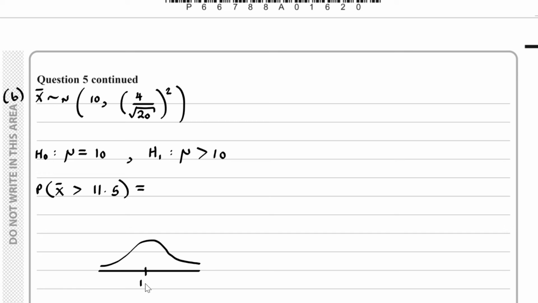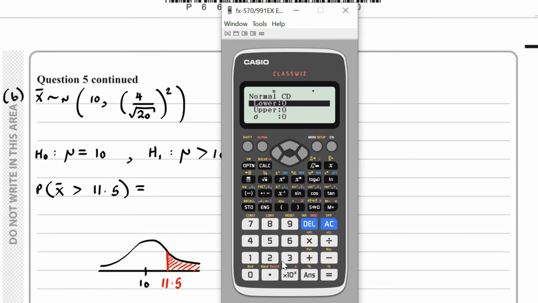So here we've got 10 and 11.5, that's over here somewhere, and in this region we would reject H0, this region we will accept H0. So working out this probability, here we've got the 11.5, our lower limit is the 11.5, upper limit something really big, something like 10 to the 6.